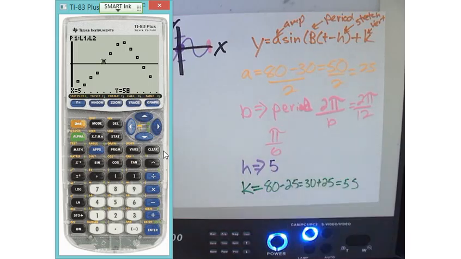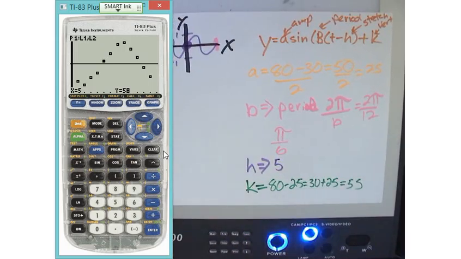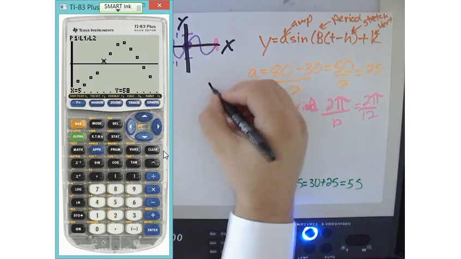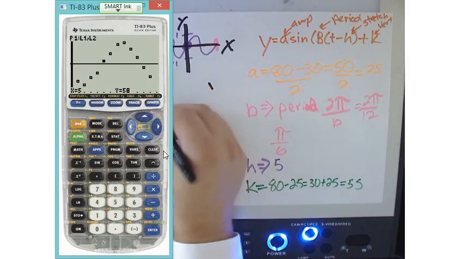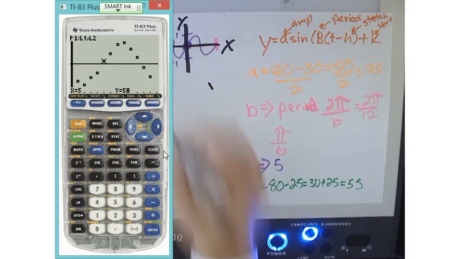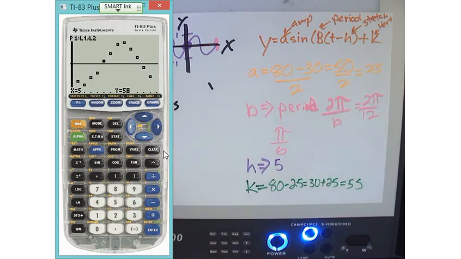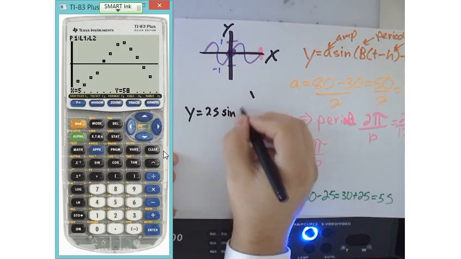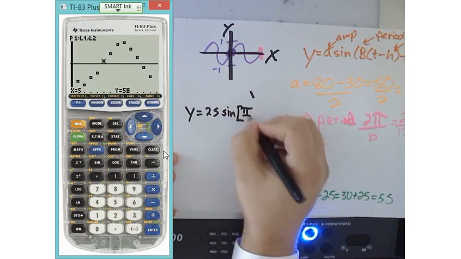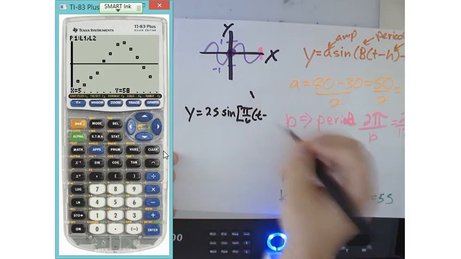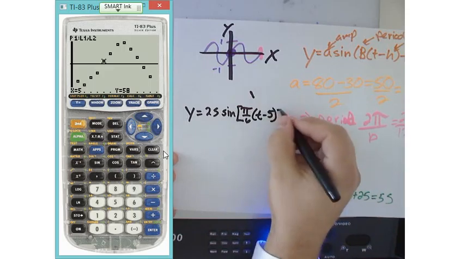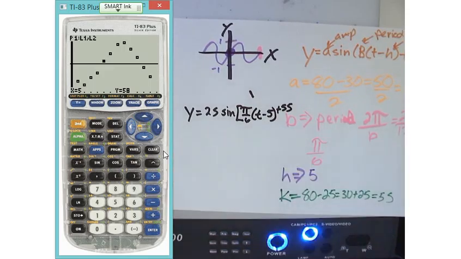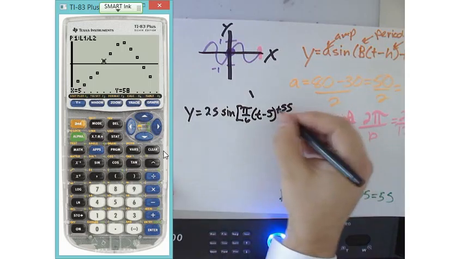So if that's the case, then my equation should be y equal to a, which is 25, sine of pi over 6 times t minus 5, plus 55. T is x.